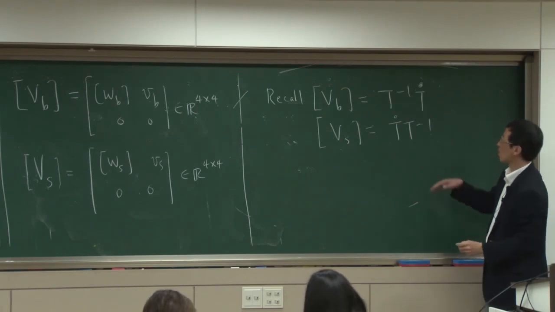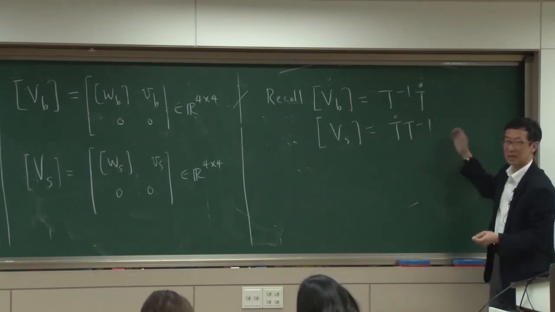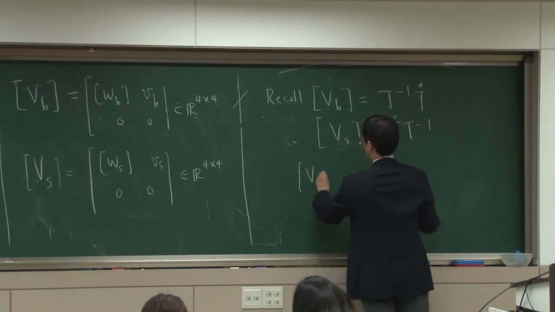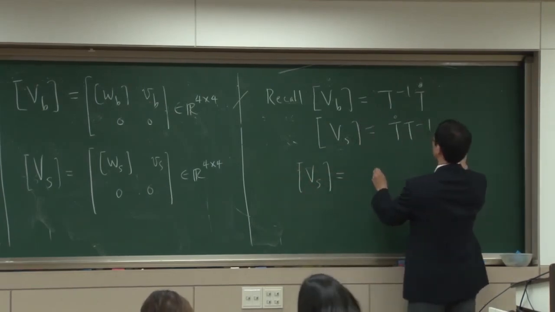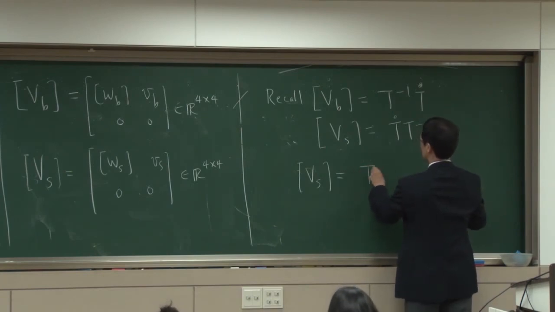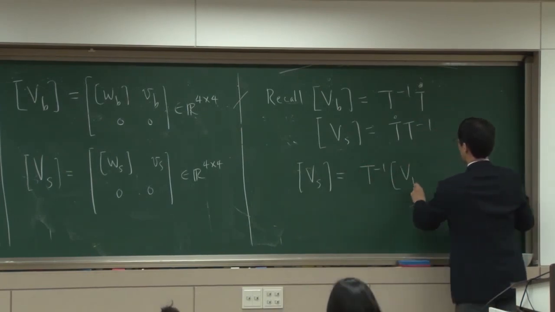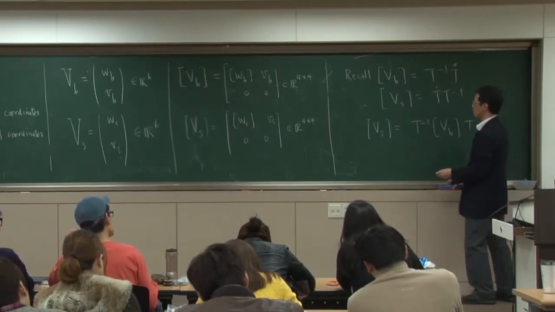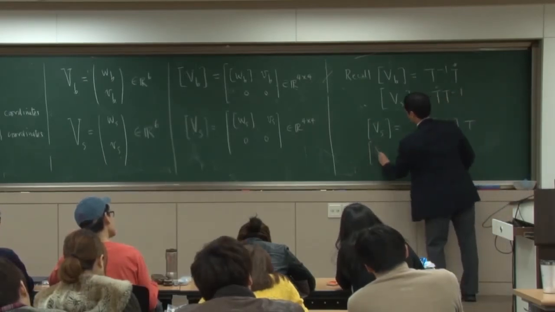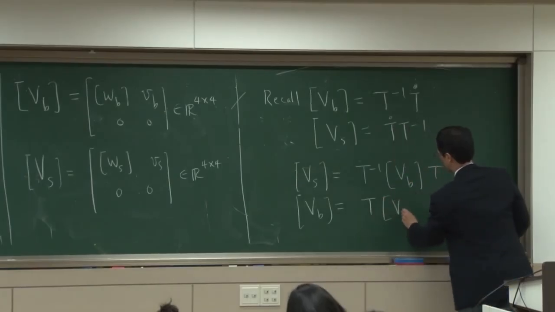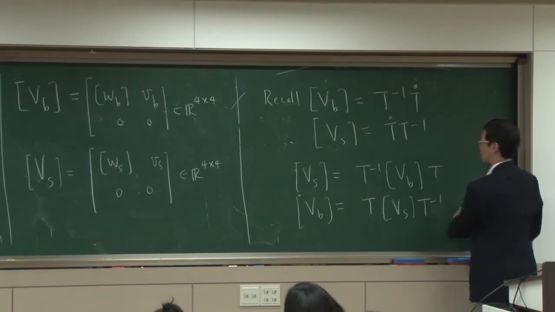So if we want to go from V sub B to V sub S, then we can just write V sub S is T inverse times V sub B times T, or equivalently, V sub B is T times V sub S times T inverse.